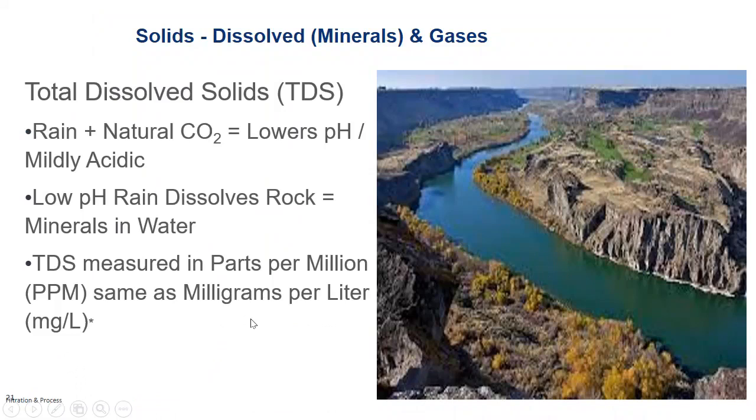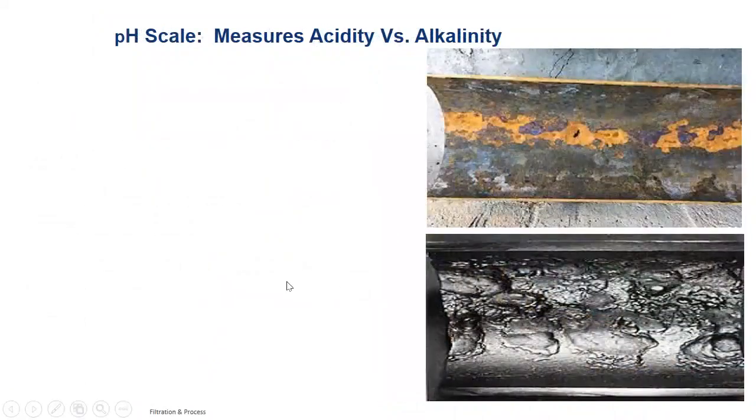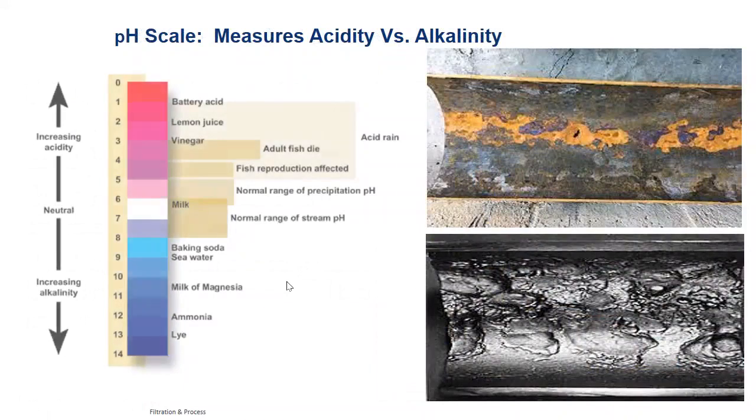Now, when we talk about that low pH dissolving rock, that becomes important. We need to understand what pH is. pH is essentially the hydrogen ion concentration. What does that mean? It's the amount of acid in the water. Hydrogen, when it breaks apart from its gas, H2, in water, results in H plus ions in the water.